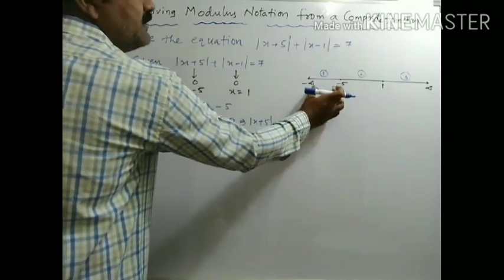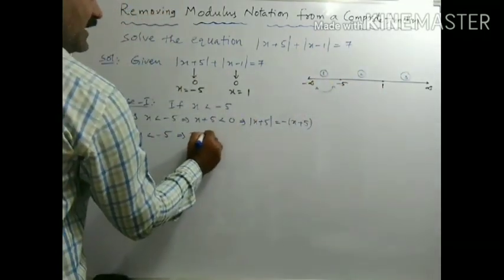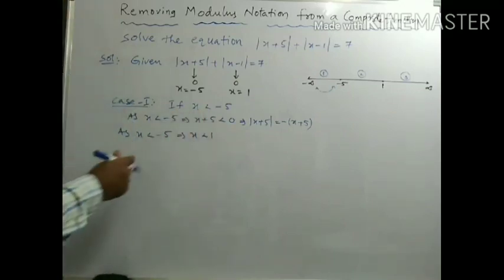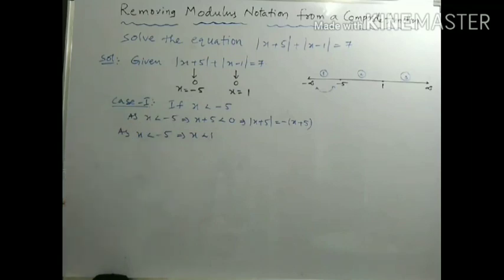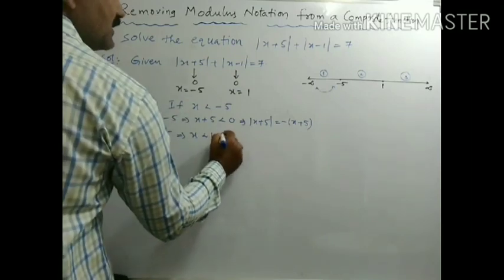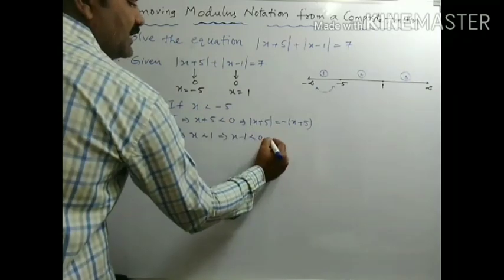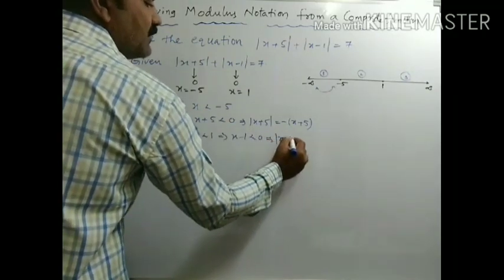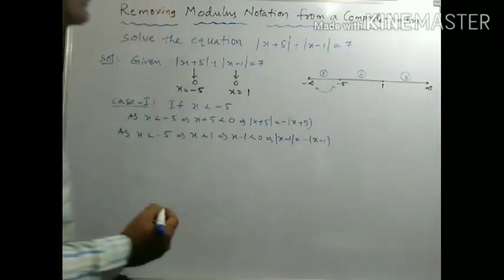Definitely all these negative values will be treated as less than 1 only. That implies x is less than 1. When x is less than minus 5, we can also write that x is less than 1. So from this, x minus 1 is less than 0. That implies modulus of x minus 1 can be written as minus of x minus 1.